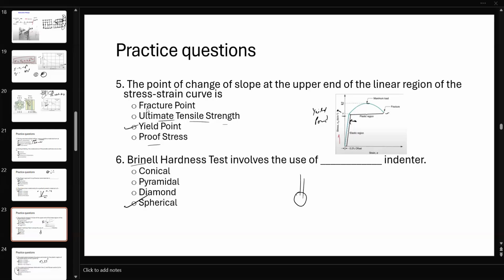Fracture point is where the sample breaks. Yield strength is the stress at the yield point. Brinell hardness, we saw, uses a spherical indenter.